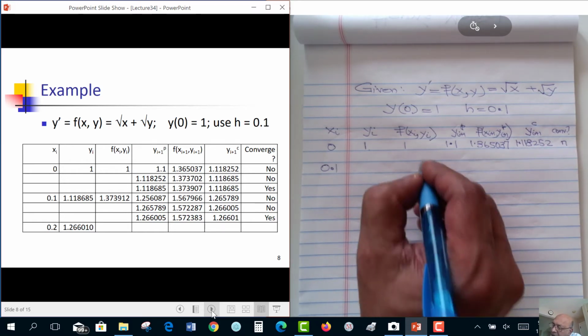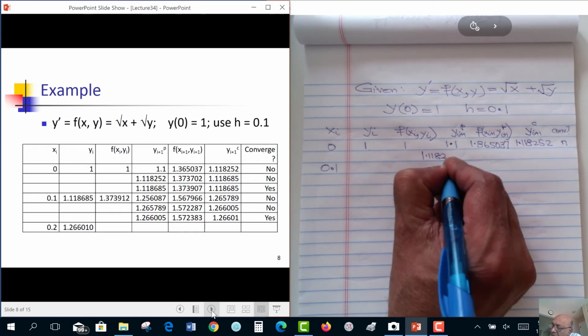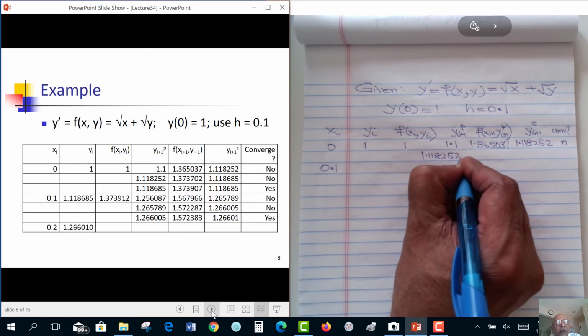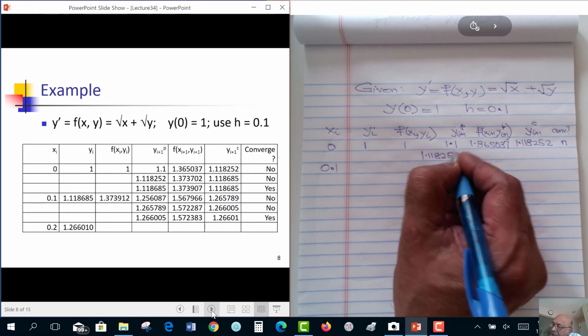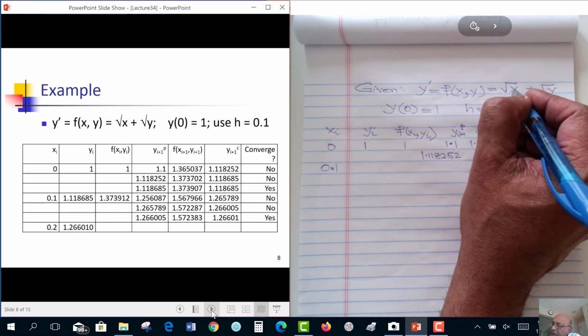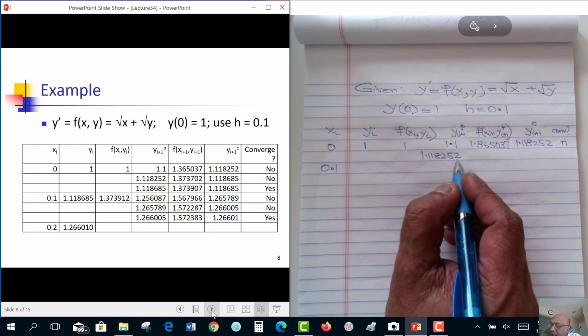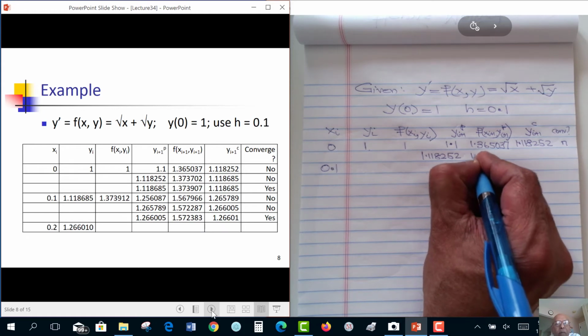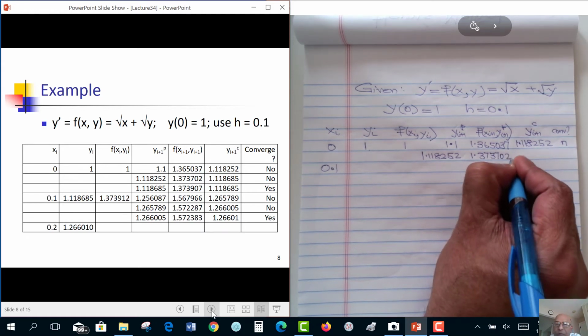So then this corrected value becomes the predicted value. We compute the function at xi plus 1, 0.1, x and y is this value, and calculate the function again. And we'll get 1.373702.